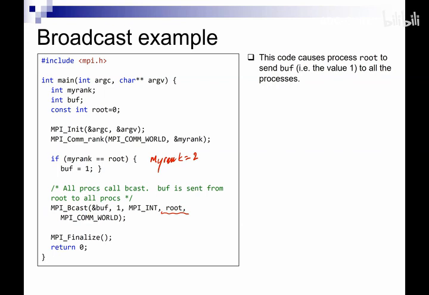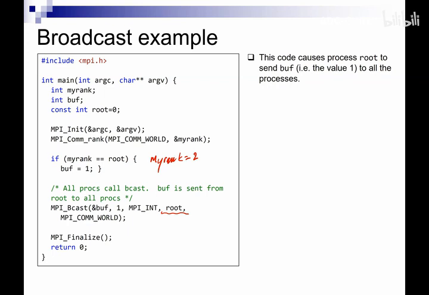Okay, but if they're not the root, if my rank is 2, for example, then when I call this MPI broadcast, this is actually going to cause me to receive a value from the root. So just keep that in mind. It does look a bit strange the first time that you see it, but just remember that many of these collective operations, not just broadcast, have this property that the data is coming from a particular process.